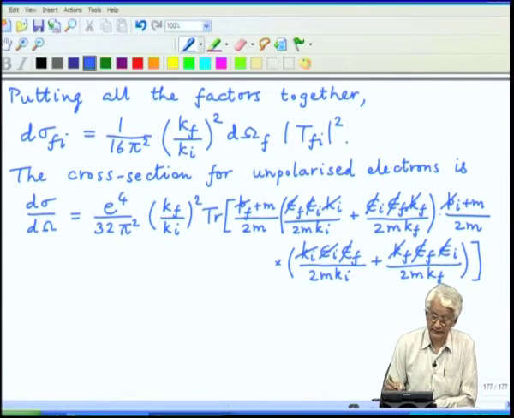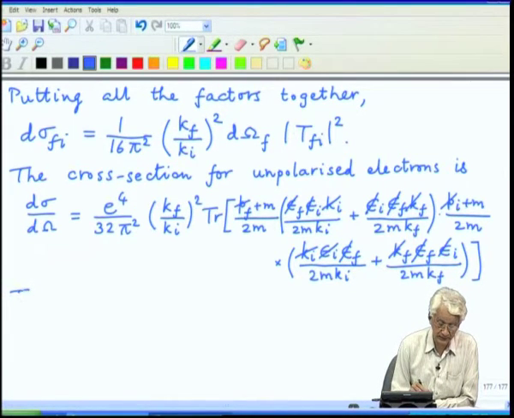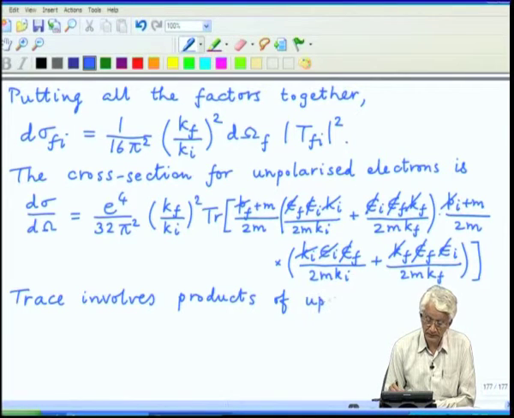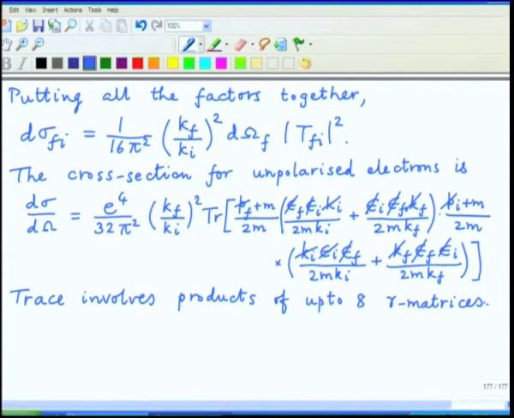The trace involves products of up to 8 gamma matrices. You must simplify those products to numbers. It can be done in a rather brute force way, but one can work out the various terms individually.